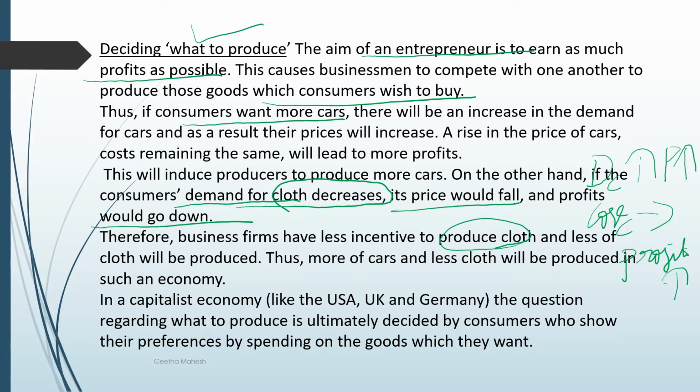So this is how they decide what type of goods need to be produced. In a capitalist economy like USA, UK, Germany, the question regarding what to produce is ultimately decided by consumers, who show their preference by spending on such goods and services.